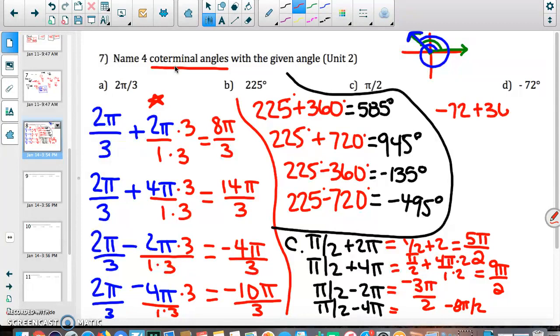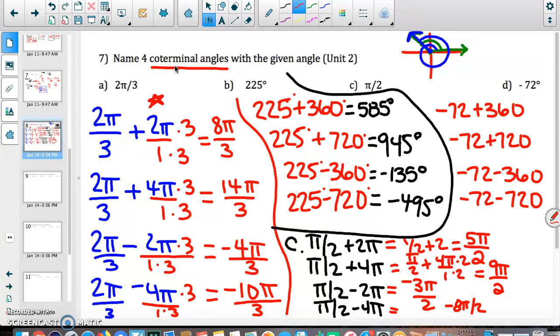Awesome. Last here, again, just adding multiples. For this, I get 288, 648, negative 432, and negative 792.